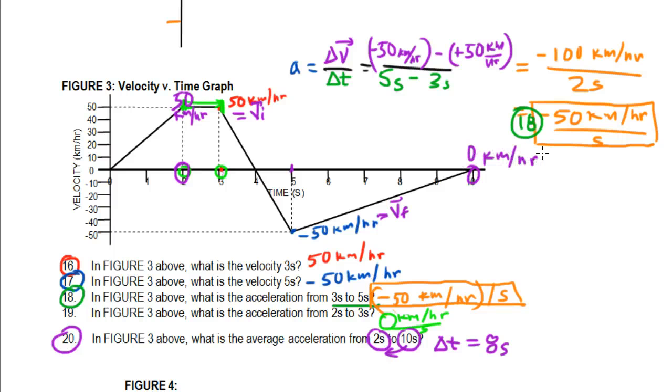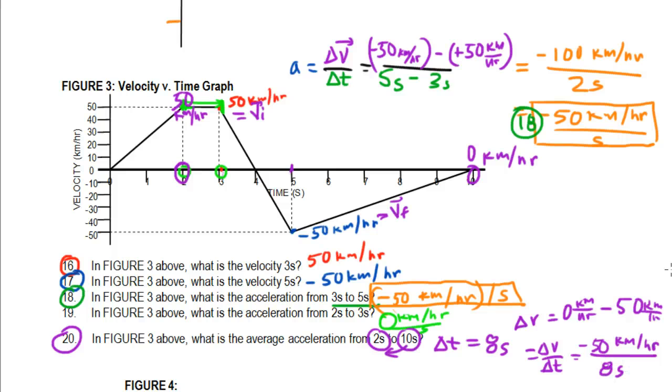Those are my velocities. So that means my delta v for this problem is going to equal 0 kilometers per hour minus 50 kilometers per hour. So delta v over delta t is going to equal negative 50 kilometers per hour divided by 8 seconds.